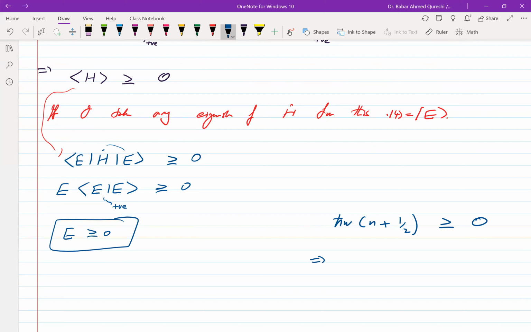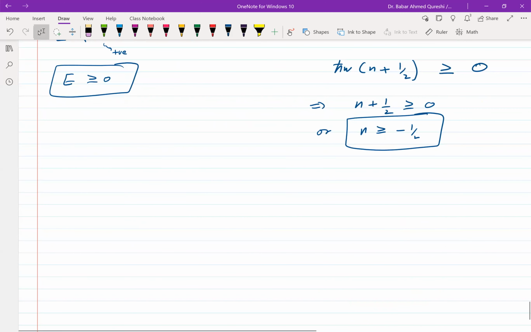So that means n plus half has to be greater than 0, or n has to be greater than minus half. n cannot be less than minus half. So that means, how can this be?